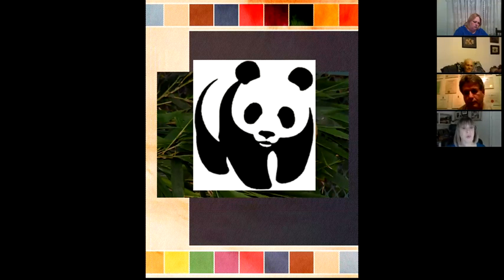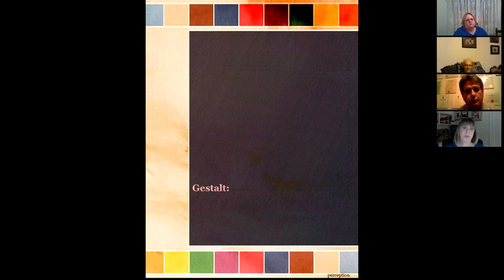You don't see it that way, do you? Because you're looking at the whole picture and you're seeing everything at once, and so that tells you it's a panda. Okay? And that is Gestalt, looking at the whole picture. It's like looking at the handwriting through a telescope, where you see the whole thing all at once.